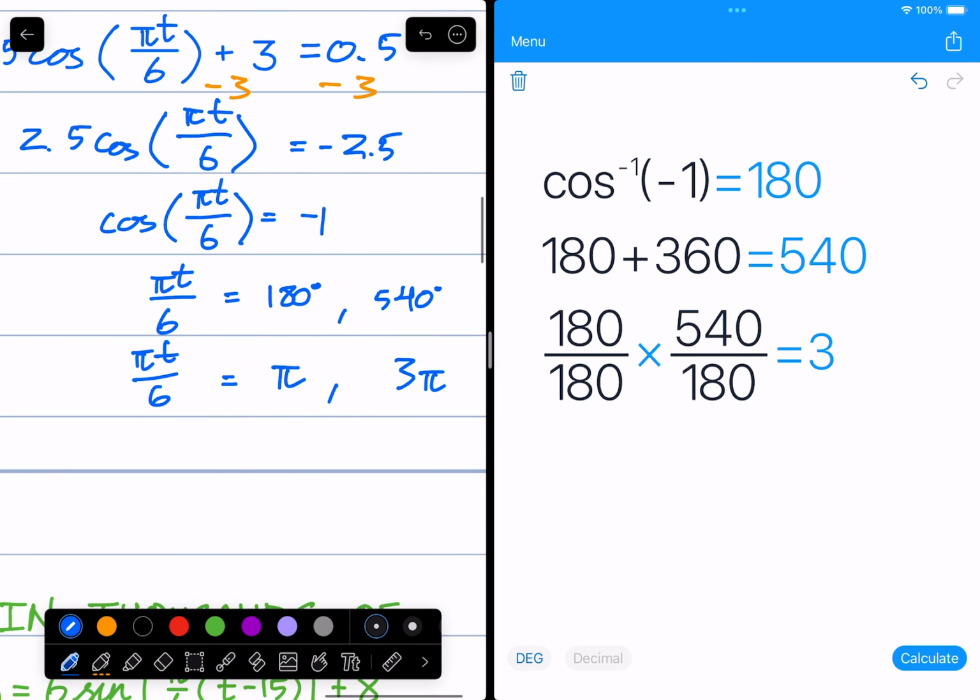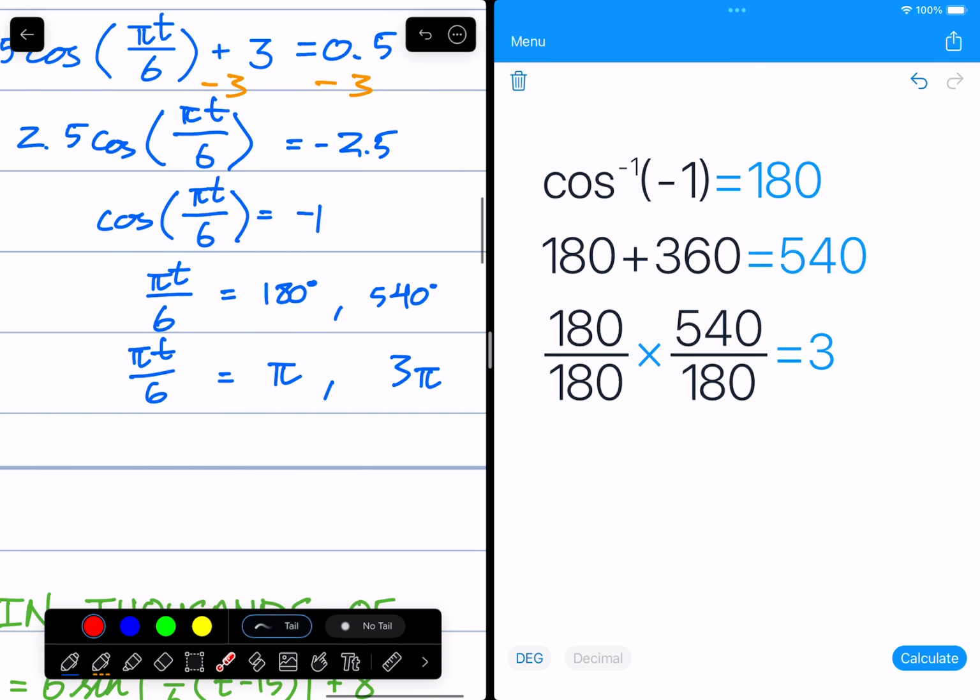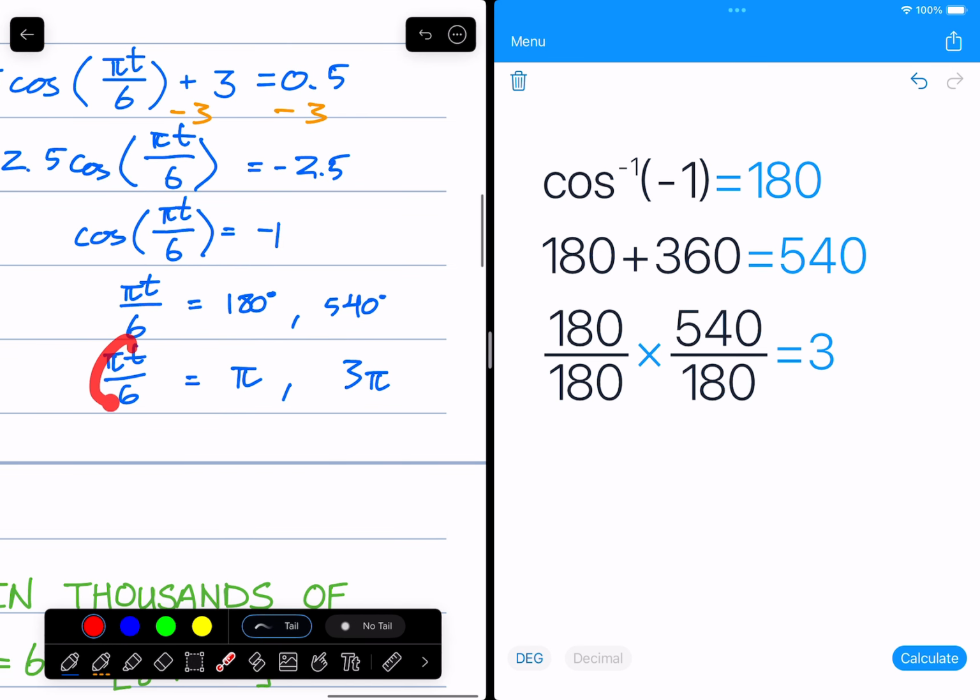And then from this point, we can solve for these values. So it's going to be times by 6 divide by pi. So doing it for this value, this becomes 6 pi. Divide by pi becomes 6.